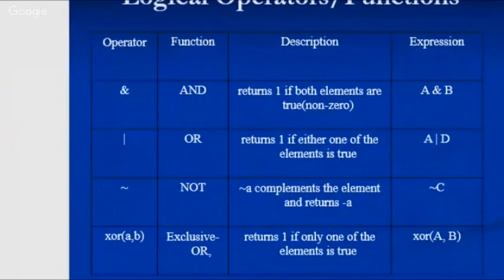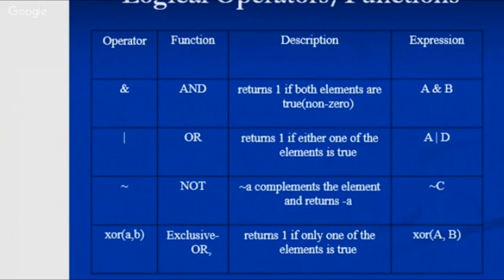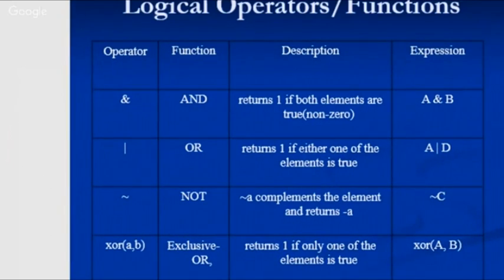Logical operators, if you just go to help and put logical operators, all these operators will come. So you need not remember it. Ampersand is for and, or is a straight line, and then you have the not symbol, then XOR. So these are the logical operators.